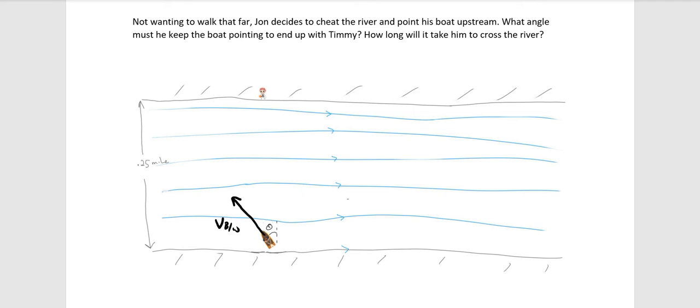And again, the velocity vector for the river points this way, so that's the velocity of the water with respect to the land. And the boat's net velocity, this is what John wants, is to be this way. So that's going to be the velocity of the boat with respect to the land. If John wants to end up over here, his net velocity vector needs to point in that direction.